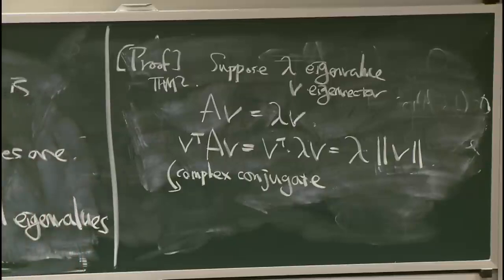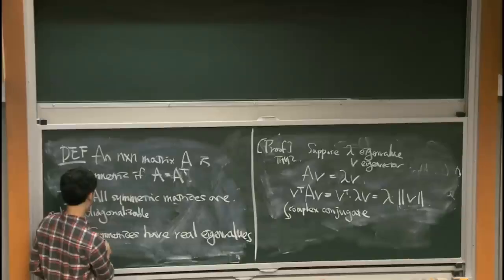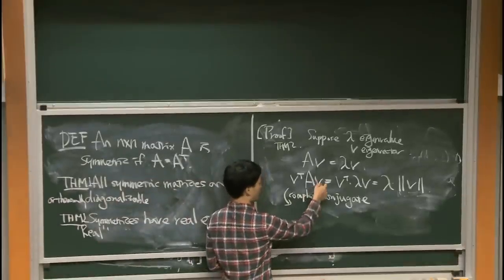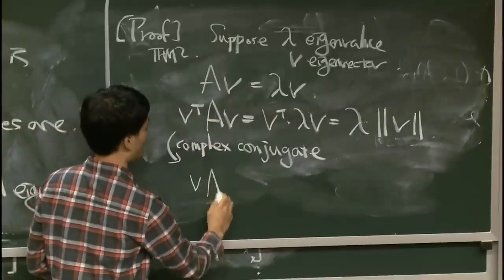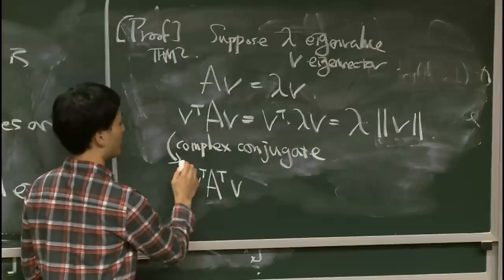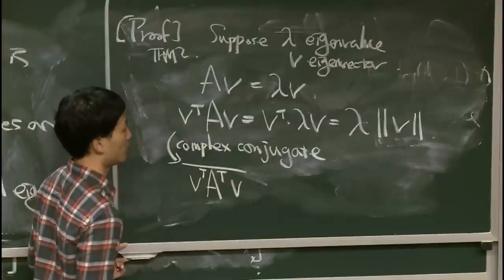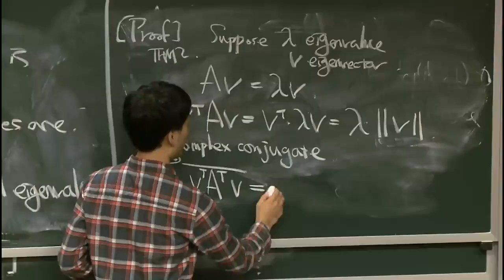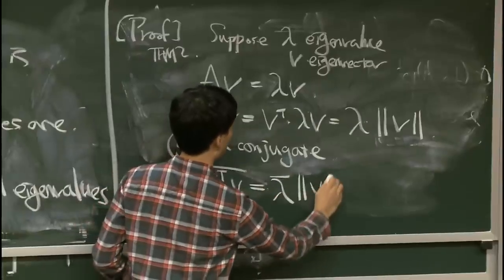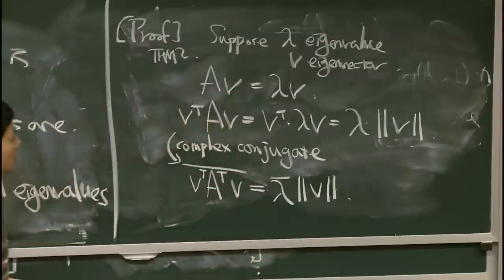Since A is real symmetric, first take the conjugate, we have v transpose A v, and then take the conjugate of it, and we get lambda times v.